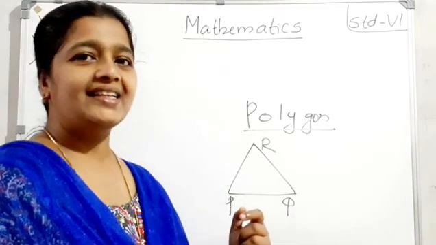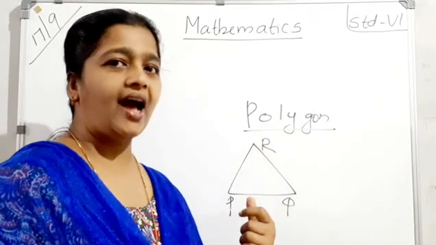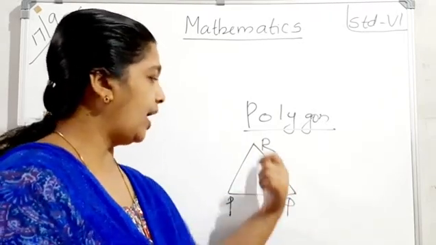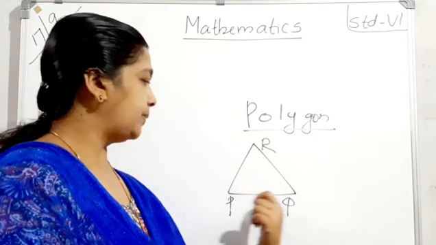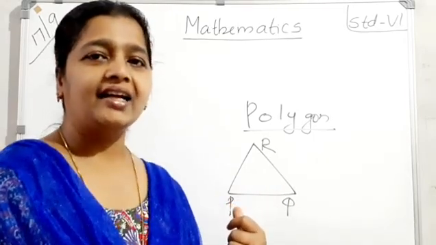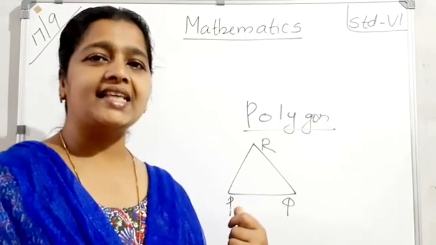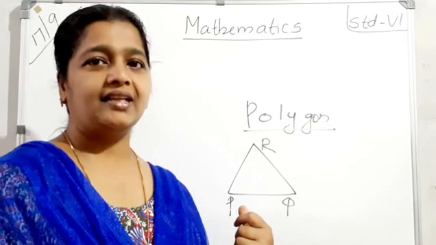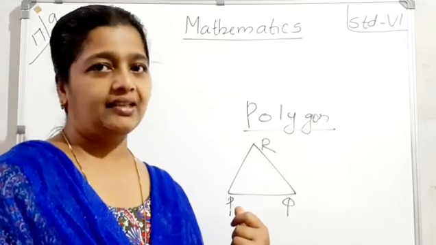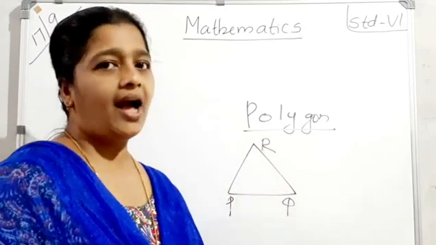Say the angles: angle P, angle Q and angle R, or we can say PQR, QRP, RPQ, both are the same. Clear? Then in a triangle how many sides? Three sides. How many vertices? Three vertices. And how many angles? Three. The vertices are point P, point Q and point R.